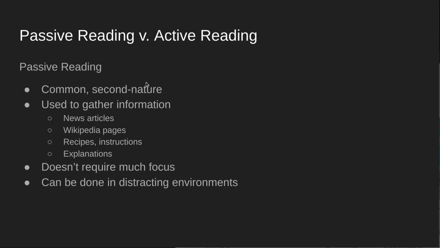So when we're reading news articles, for example, or we're looking up a Wikipedia page for something that we're trying to learn more about, or just have a question about, perhaps we're trying to learn about certain scores or some sort of current event. Maybe we're looking at recipes or instructions to set up something, or perhaps an explanation of some sort of simple concept or idea. All of that is passive reading.